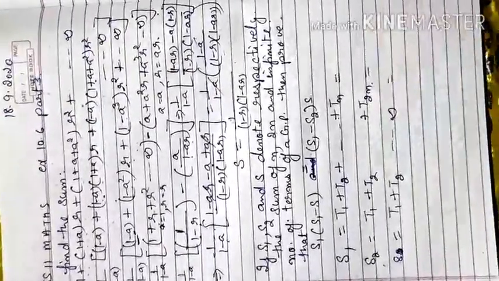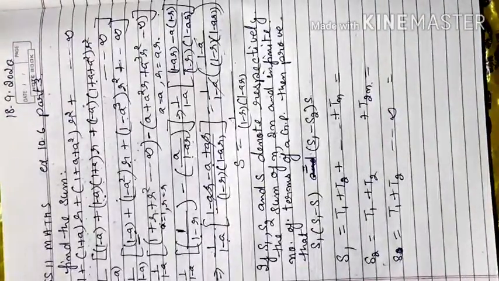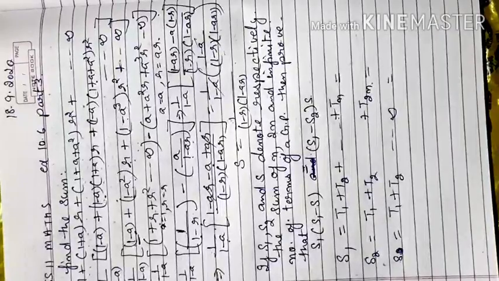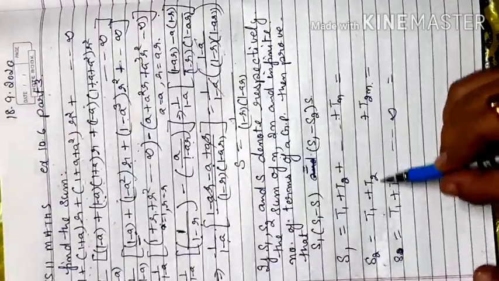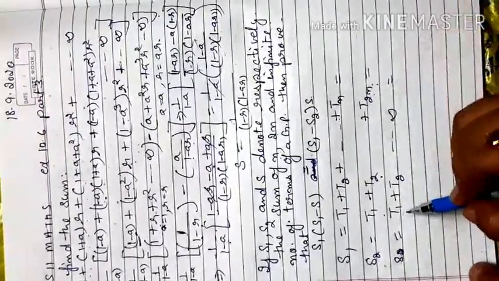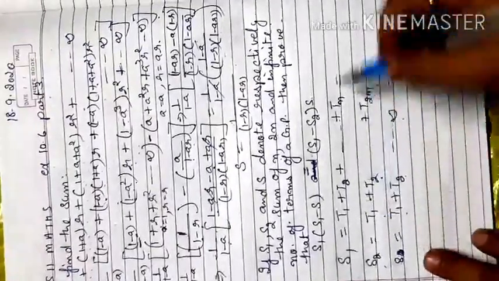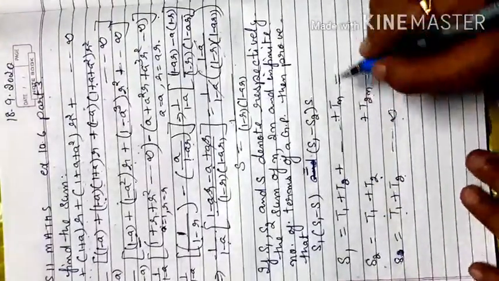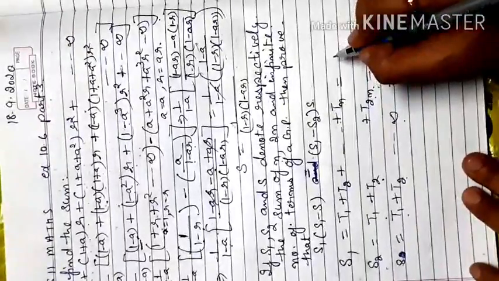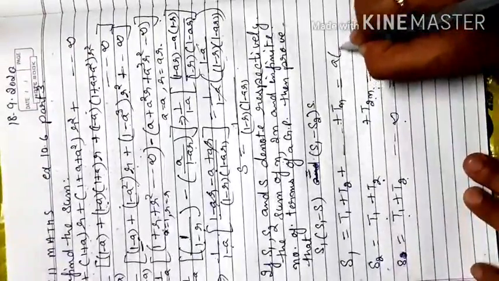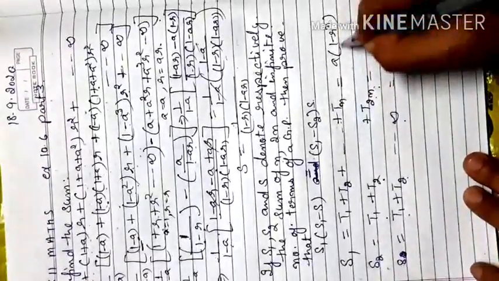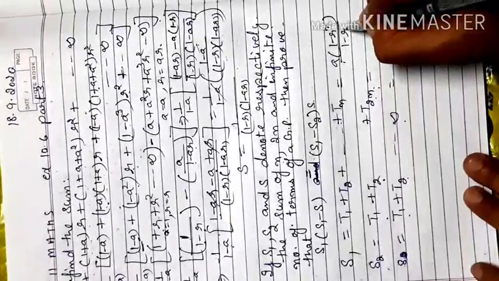First what you have to do, you apply the formula in this: term 1, term 2 to term n; term 1, term 2, to term 2n; and term 1, term 2 up to infinite. This is the normal formula of the sum of a GP series. So that will be represented as a(1 minus r^n) upon 1 minus r.